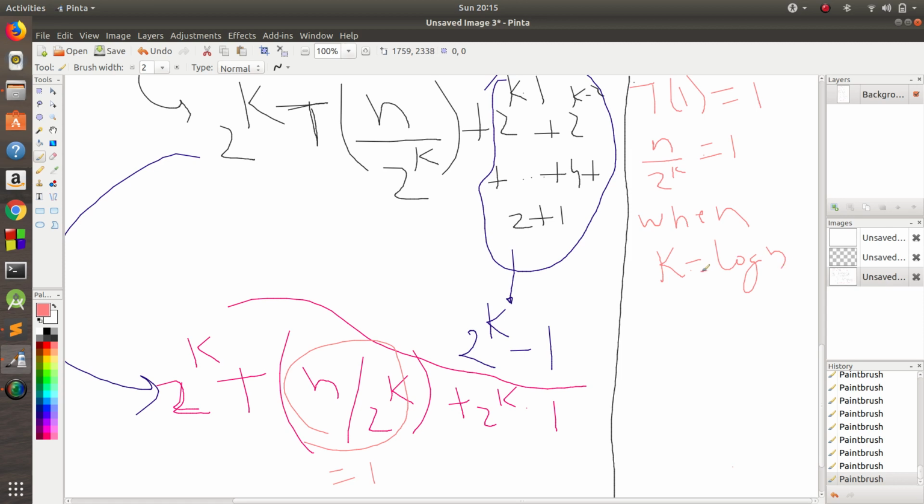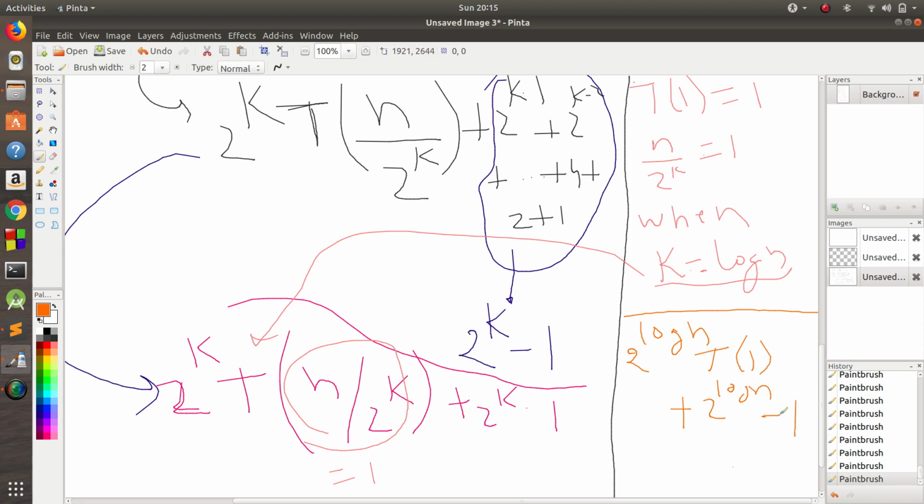So if I replace this value over here, it shall become 2^(log n) T(1) + 2^(log n) - 1. So it shall give me n + n - 1, that is 2n - 1.